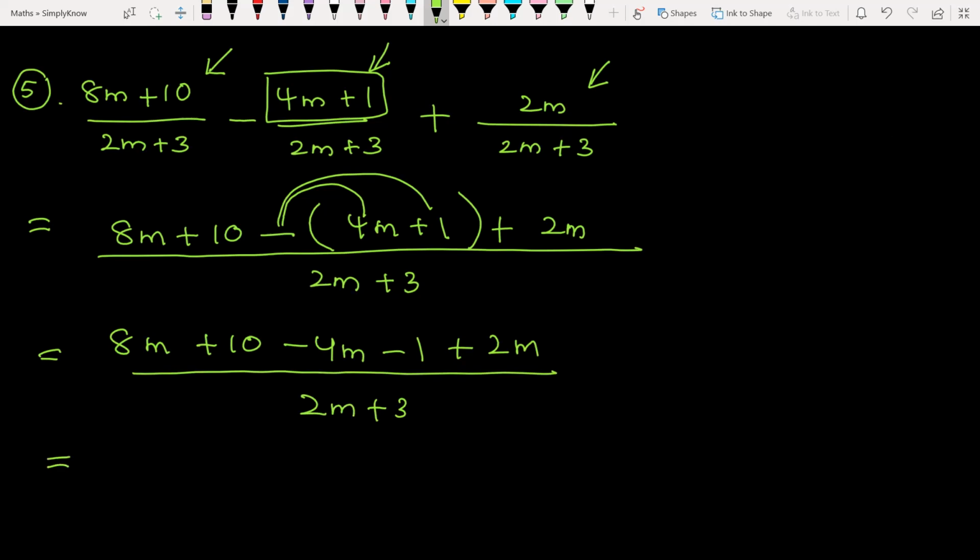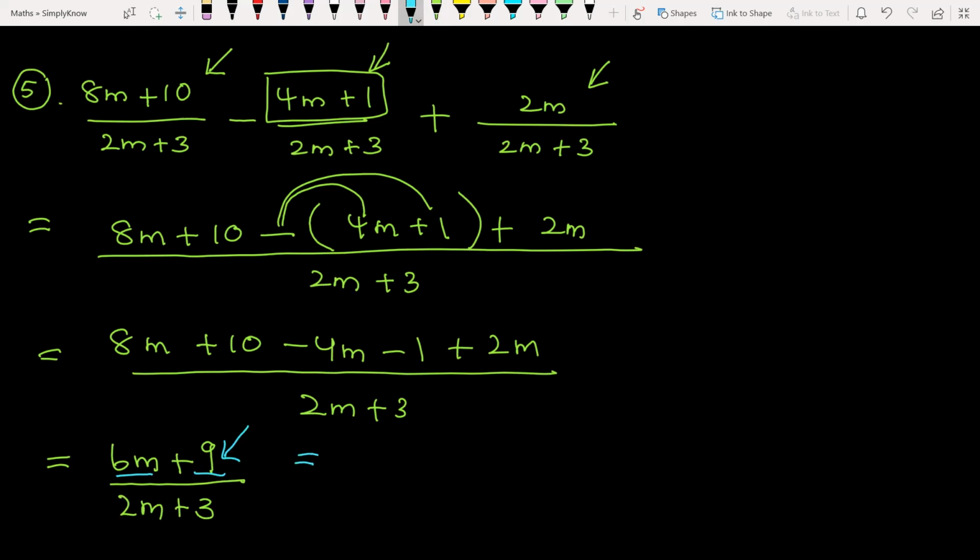Right, let's simplify the like terms. 8m minus 4m is 4m. 4m plus 2m is 6m. Then plus 10 and minus 1 is plus 9. Our denominator is 2m plus 3. Here again, in this algebraic expression, we see that there is a highest common factor for both terms, 6m and plus 9, which is 3.